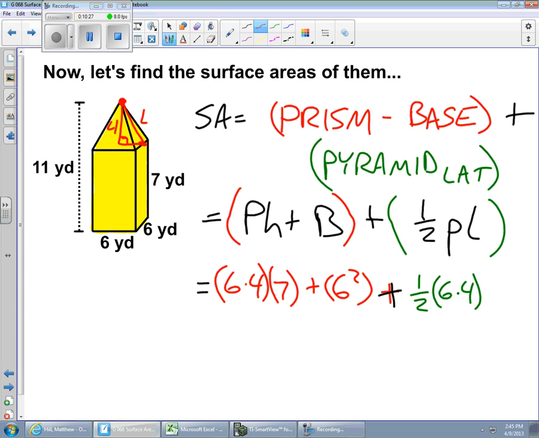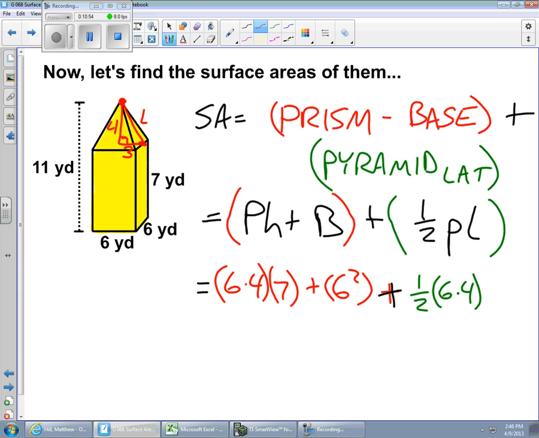So that must be 4 yards left over for the height up there. How about the apothem inside the base of that pyramid? It is 3. If it's 6 units all the way across, then the apothem would be 3 coming across there. You've got 2 sides of a right triangle. We can very easily calculate the third side, or the lateral height, of that triangle. Does anybody know offhand what it's going to be?